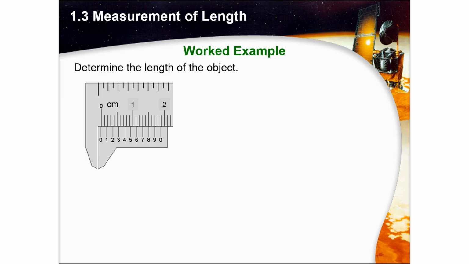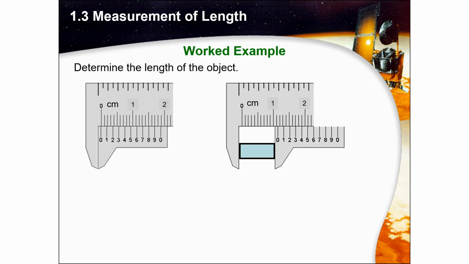Now let's see the next example. Now we put the object inside the jaws. You see that the 0 of the vernier scale is first after 1.1, so we have 1.1. After that, we count again. Which mark of the vernier scale first coincides with the marks of the main scale? Yes, it is 4.